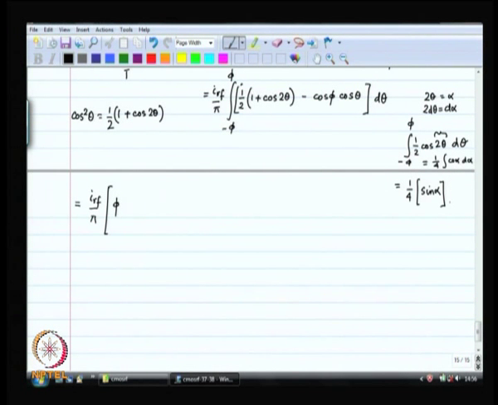So, the limits are going to be from minus 2 phi to plus 2 phi, all right, which is basically going to become equal to sine of 2 phi minus sine of minus 2 phi. So, that is twice sine of 2 phi. So, this is what I am going to get.